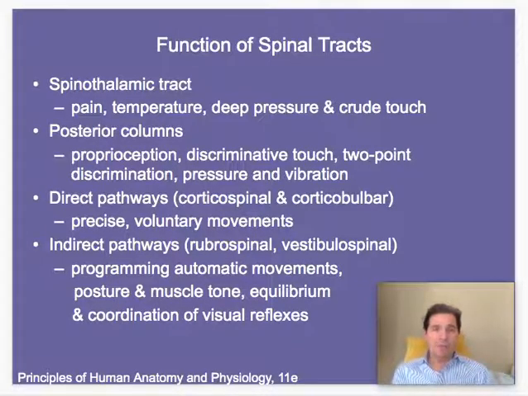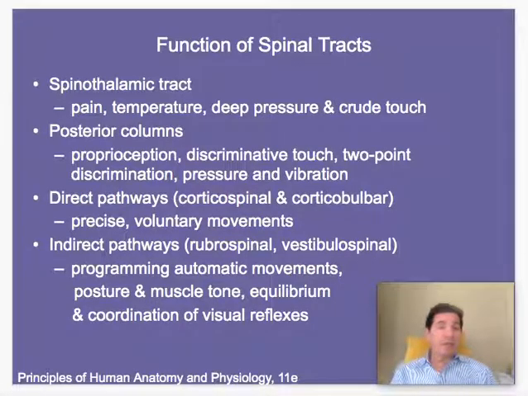Well, just by feeling it, you can tell what coins they are. So your posterior column will actually be involved with your proprioception, discriminative touch, and two-point discrimination, which is important to distinguish two distinct points that are close together. And you'll notice that on your fingertips, it's much closer than you may notice on your shoulder. You also will notice pressure and vibrations. So those are all important.